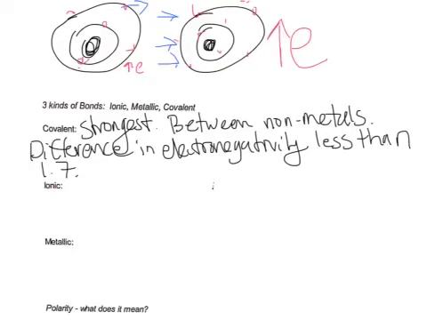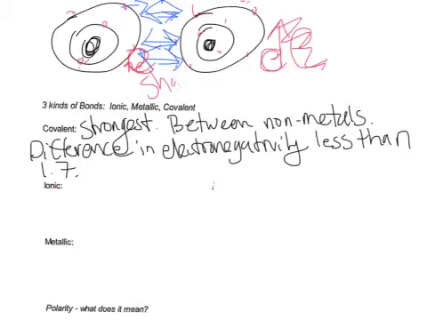Now, if the electronegativities were kind of the same, then it's not one really pulling on the other. They're both pulling with about the same amount of force on the electrons, and so what they would do is share.